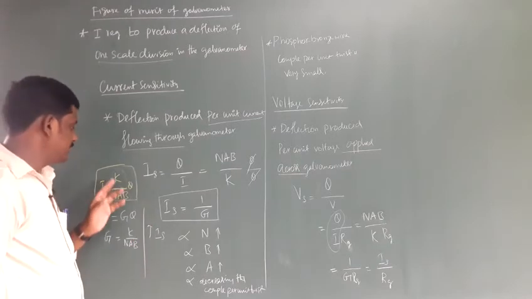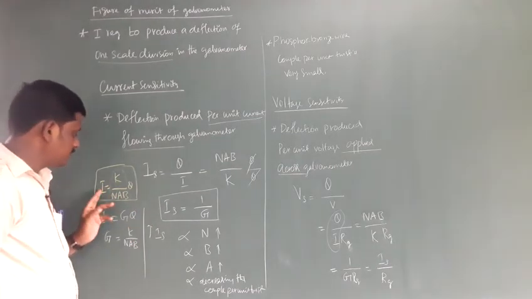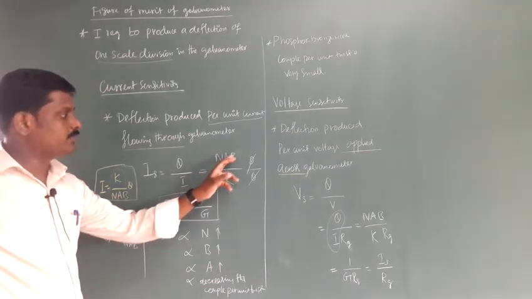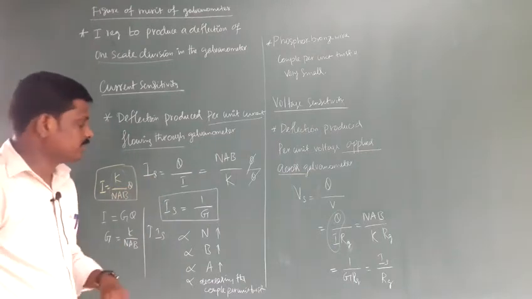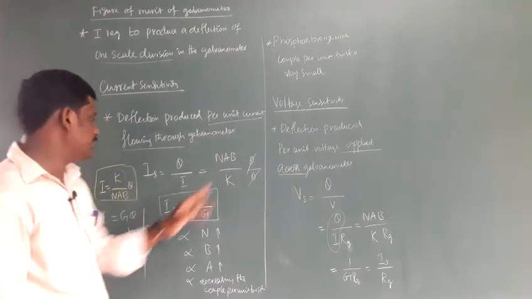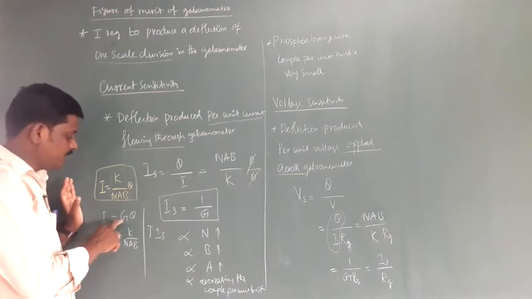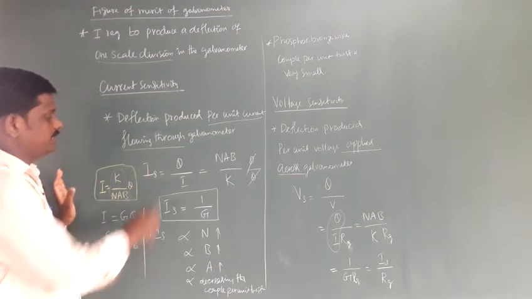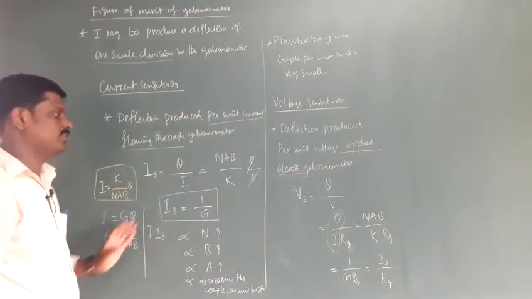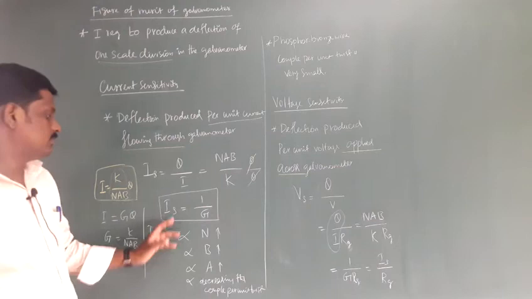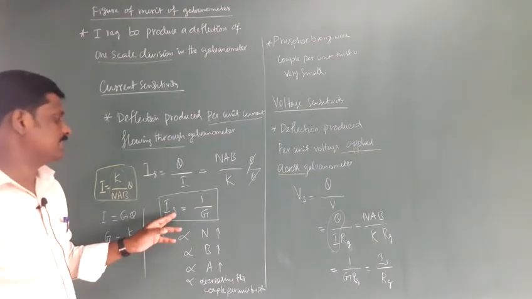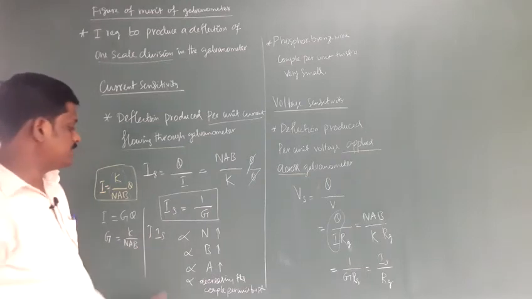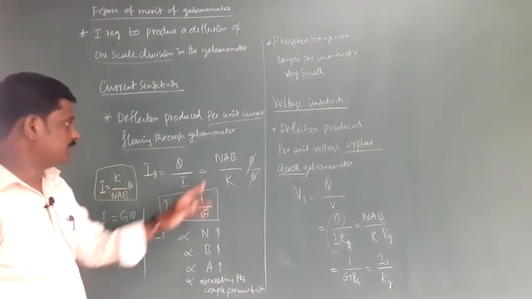So theta by I is NAB by K. Just rearrange and you get NAB by K. Since I equals G theta, theta by I is equal to 1 by G. You can directly write it. So the current sensitivity of the galvanometer is equal to 1 by G. Current sensitivity is increased by increasing the number of turns, N.